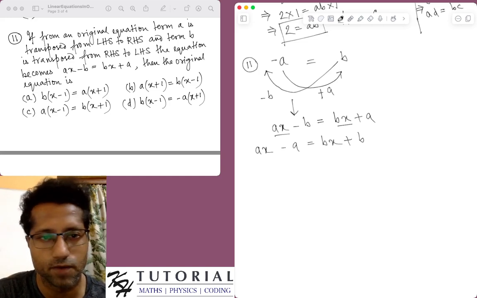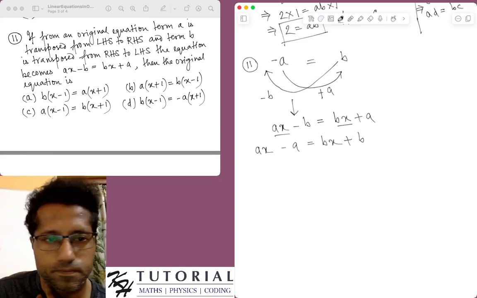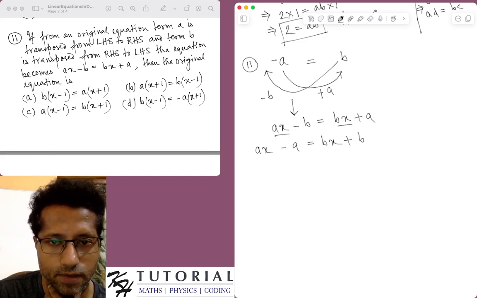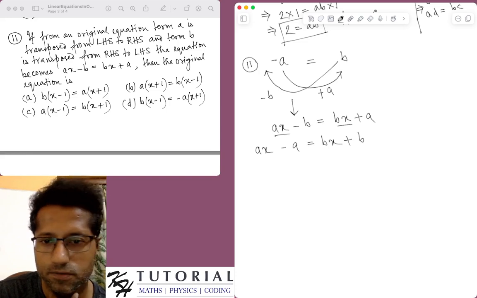Now, as per the given choices, we have to do a little bit of manipulation. All the choices have products of x with a and b terms.